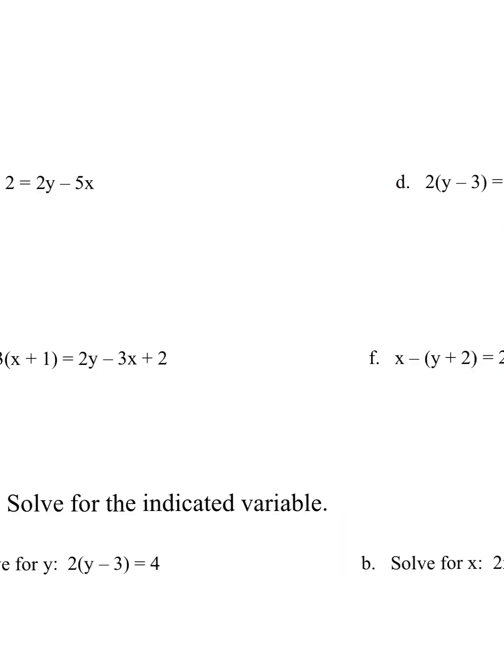All right, here's the next one. So we have 3y plus 2 equals 2y minus 5x. Again, there's 3 y's over here and 2y here. We can cross 2y out of that one, and there's 2y here plus 1y makes 3y, so we can cross it out.